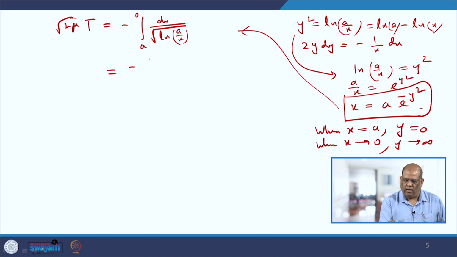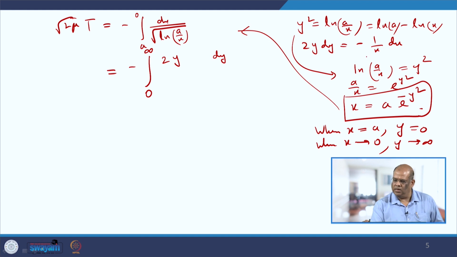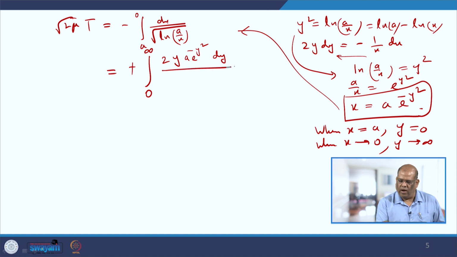So, if I change everything to y, when x is equal to a, this is 0, when x equal to 0, this is infinite. Now, dx is 2y dy multiplied by x, and also a negative sign which becomes positive. The value of x is a e to the power minus y square, divided by root of this, which is y.